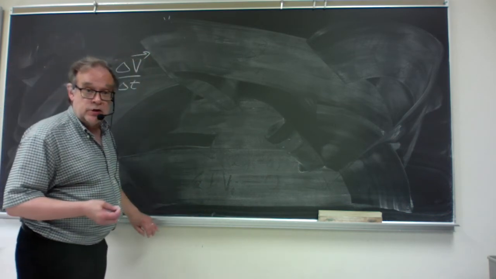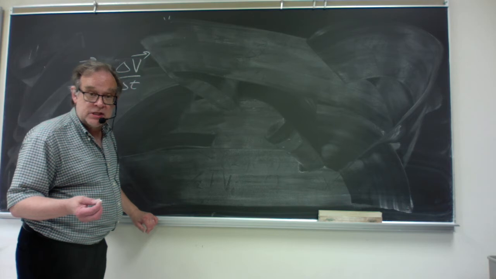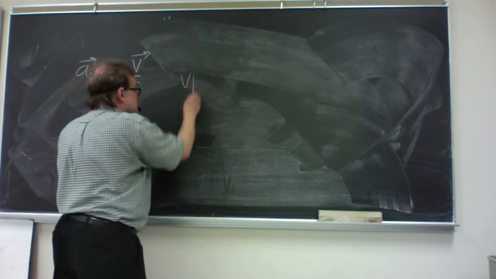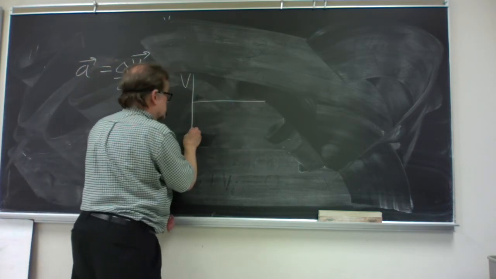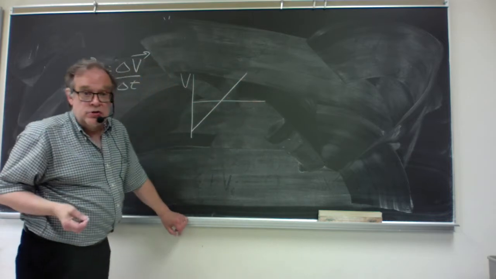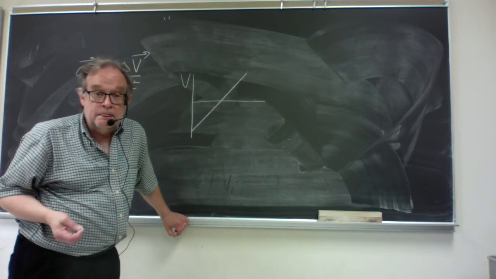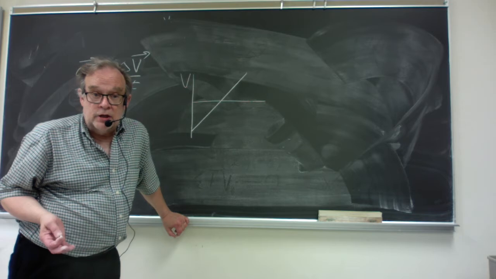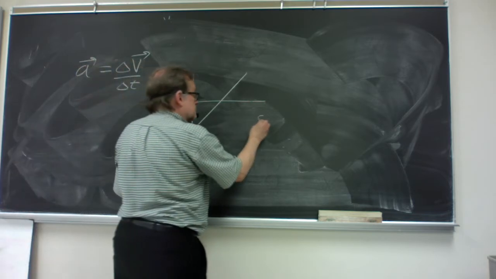For example, let's look at a graph of velocity versus time. And consider just a simple graph, a straight line, and we know how to calculate the slope of a straight line.